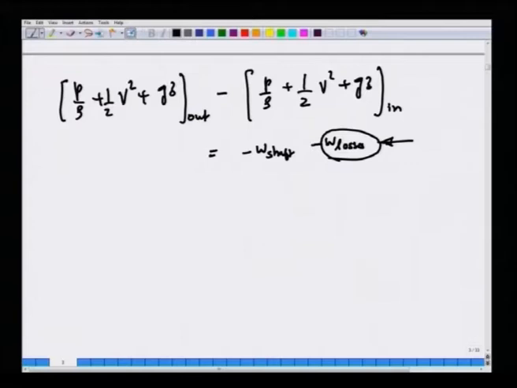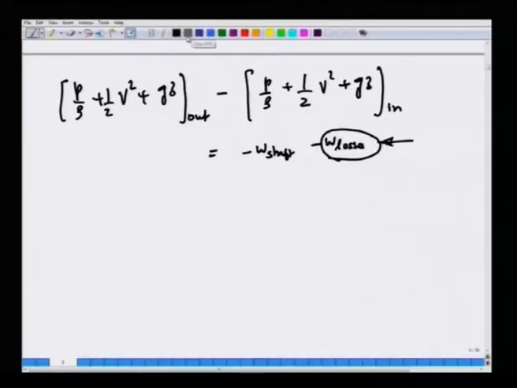Now, after finishing this, we also looked at the application of the integral energy balance to flow measurement, where we try to understand restriction flow meters, wherein essentially you had a configuration like this.